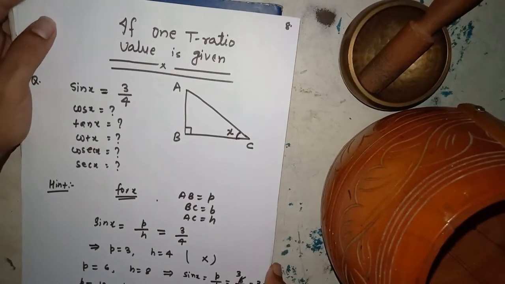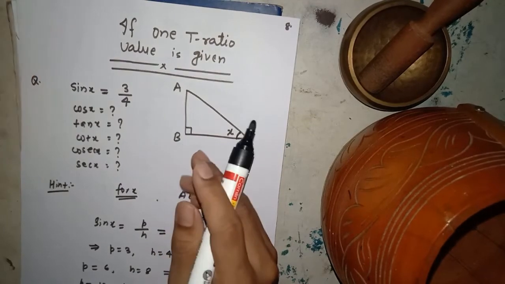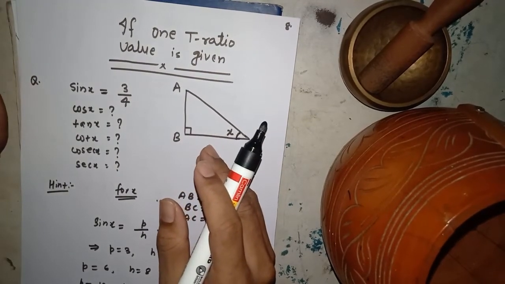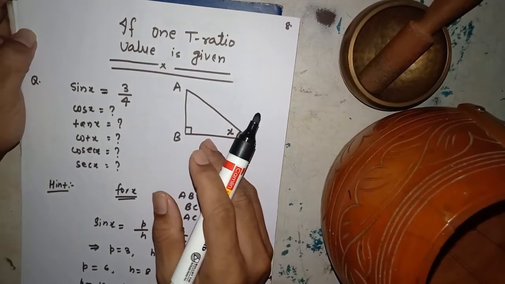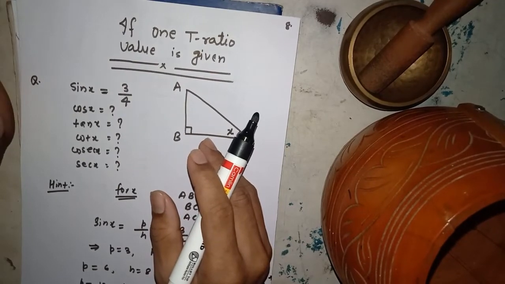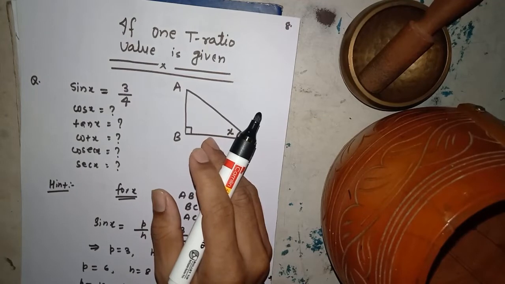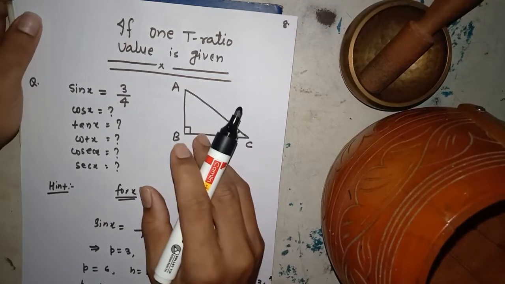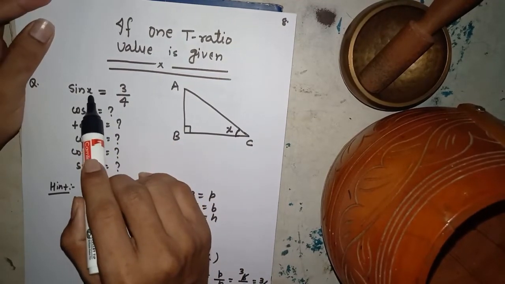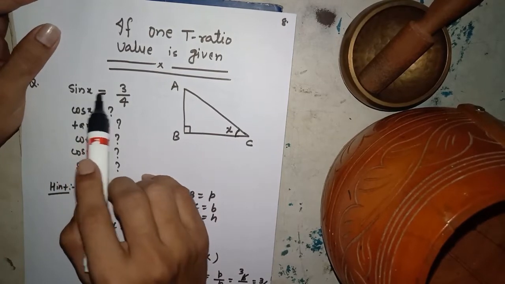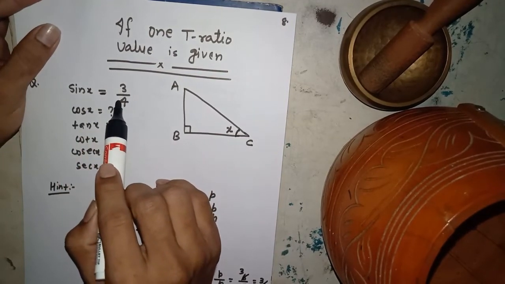Now our next topic is, if one trigonometric ratio's value is given, how can we find other trigonometric ratio values? So here the question is, sin x is 3 by 4.